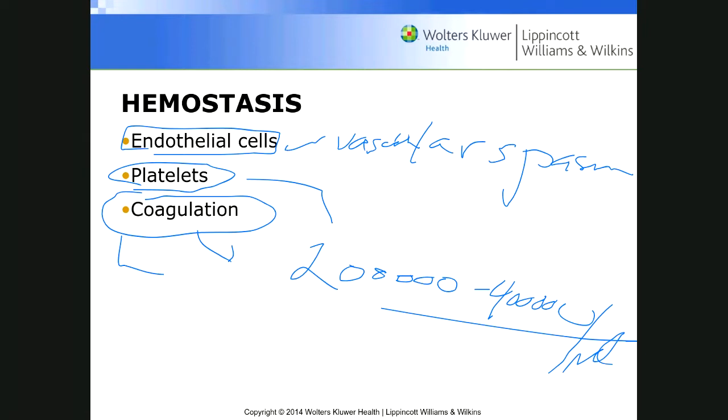Okay. Where do clots come from? A clot is basically numerous strands of fibrin.